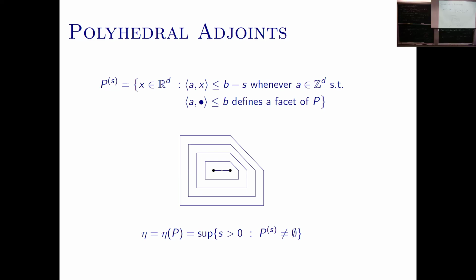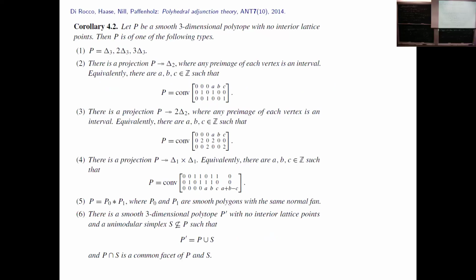So this really is the inverse of the pseudo-effective threshold, but in polytope land it is much more natural to consider this. It's the supremum of all the amounts that I can shift this in and still get a point, at least.